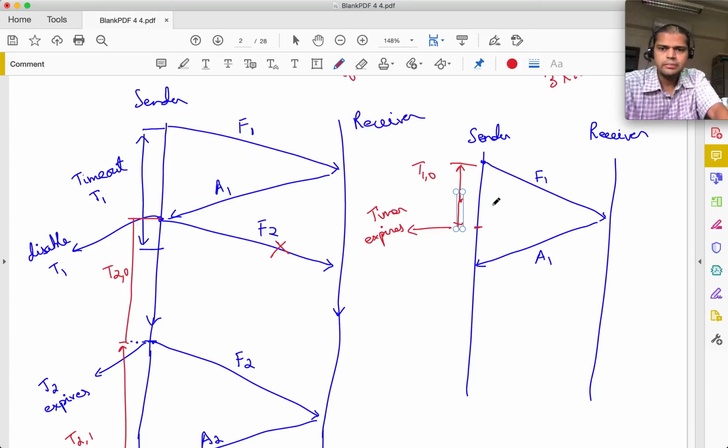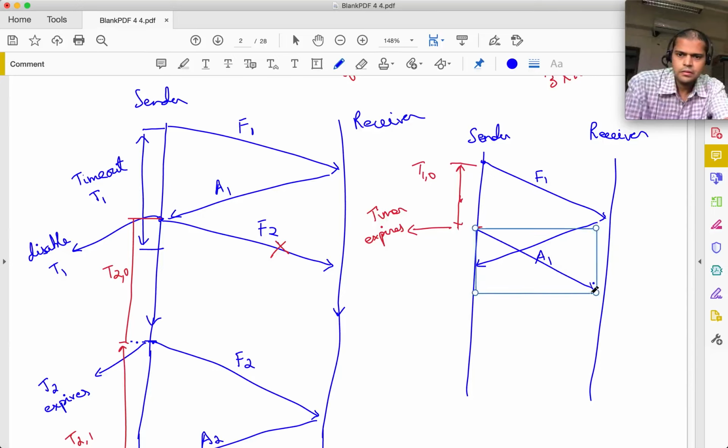He thinks that my timer has expired, the frame hasn't reached because I didn't get an acknowledgement. So he resends the frame again. And the receiver doesn't know what's happening, right? So it's possible that the acknowledgement got lost the first time. So even though he's getting the frame a second time, he will send back an acknowledgement.